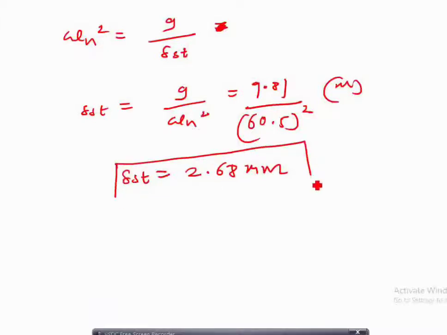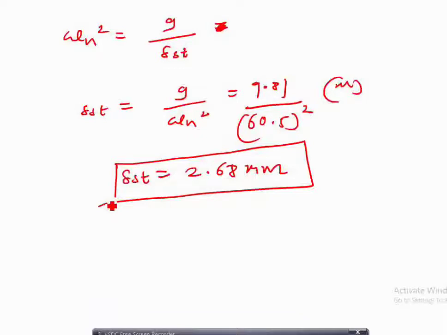So finally, you can say that the static deflection of the isolator is 2.68 mm, so that the isolation is at least 85%. It is not less than 85%. It can be more than 85%, but it should not be less than 85%.